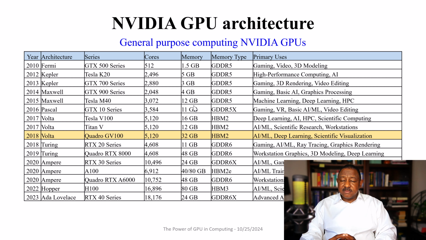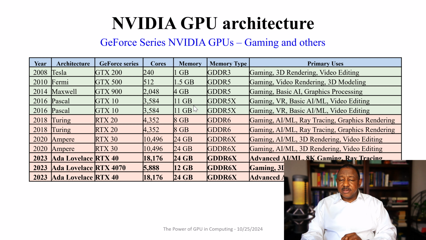It has 5,120 cores and 32 gigabytes, and we can use it for deep learning, scientific computing and visualization as well. So always look at the number of cores, because it will tell you how many operations can be processed simultaneously.